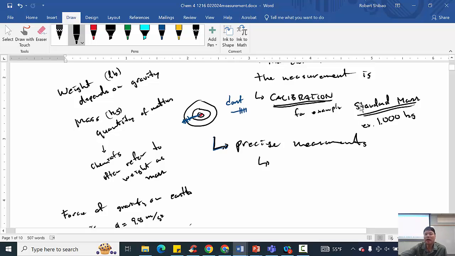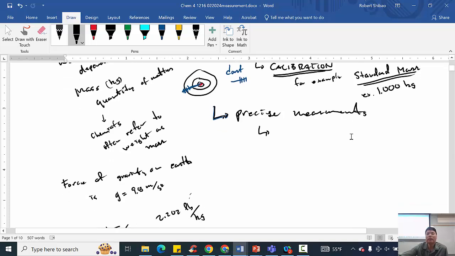So what do we mean by precise? What we mean by precise is something that's reproducible. So if I eyeball lengths, like, okay, the length of this screen, the height of this locker cabinet, the width of the door, the length of this room, and I use my eyeball, is my eyeball very precise? Would you say?